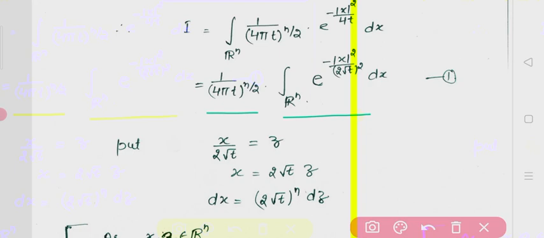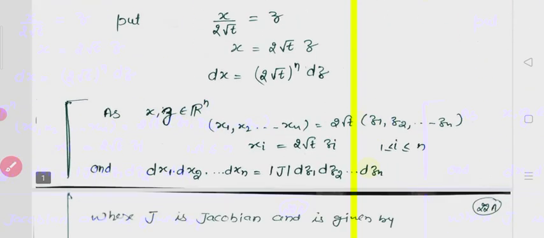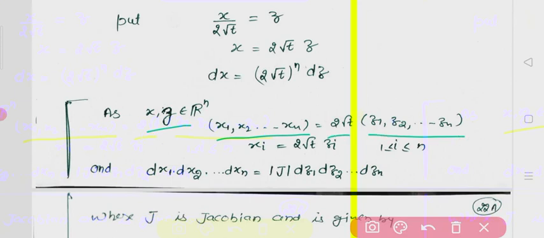Now we put x upon 2 root t equal to z. So that means x will be equal to 2 root t z, so dx will be equal to (2 root t) power n dz. How will it be? We see here, as x and z belong to Rn, x1, x2, up to xn will be equal to 2 root t times z1, z2, up to zn.